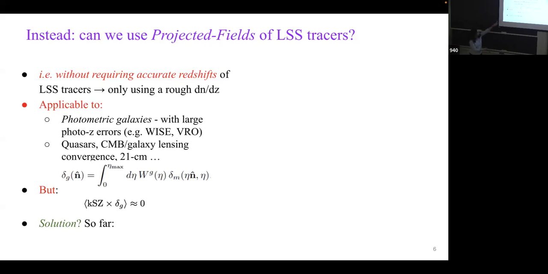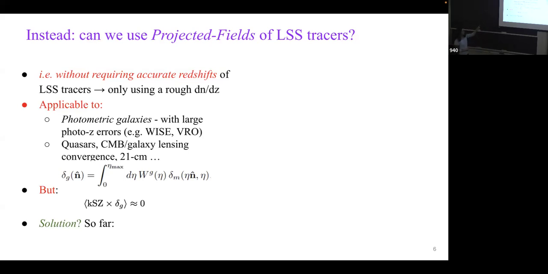And what I mean by projected fields of large-scale structure tracers is, we're considering specifically in this work, a galaxy field that is projected along the line of sight. That's what I mean by projected fields. So that's exactly what this equation here is showing. You're projecting the galaxy field along the line of sight.